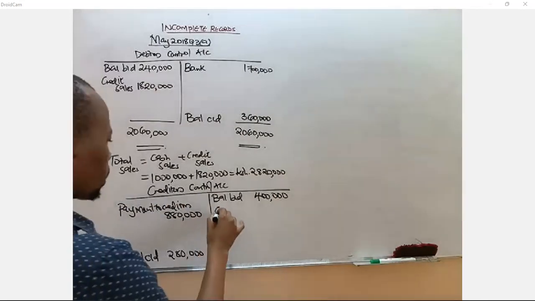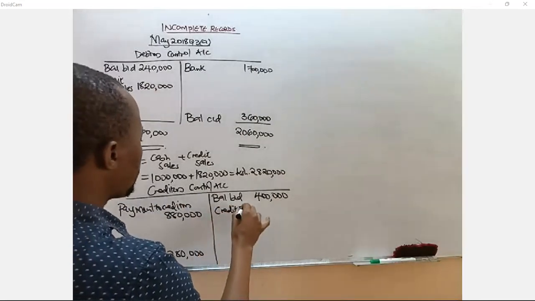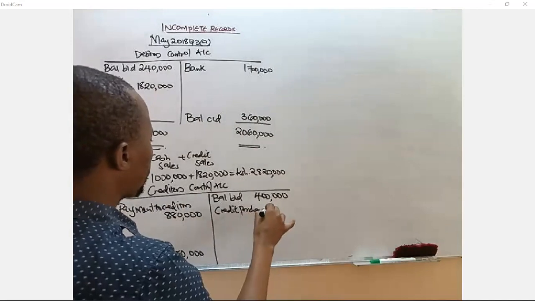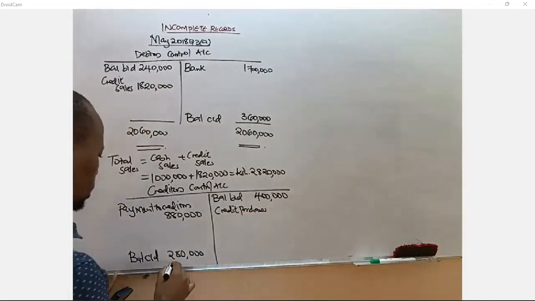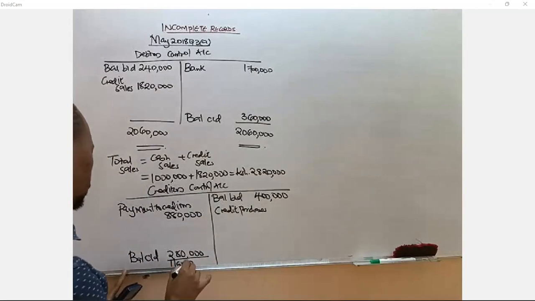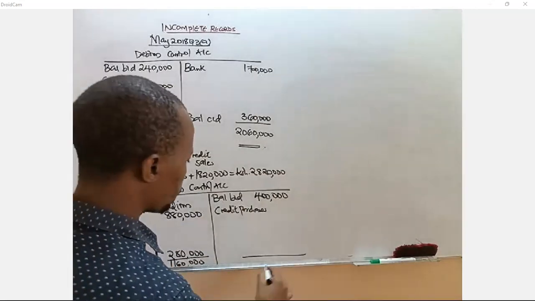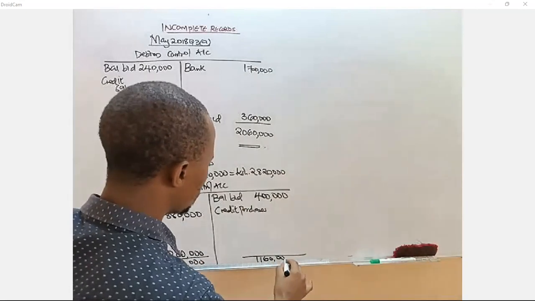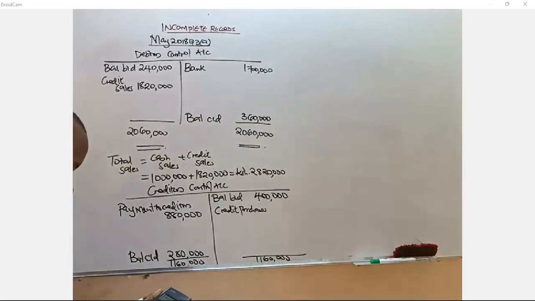What is my credit purchases in this case? We are getting around 1160. So credit purchases of mine will be how much? 1160 minus 400, getting 760,000.